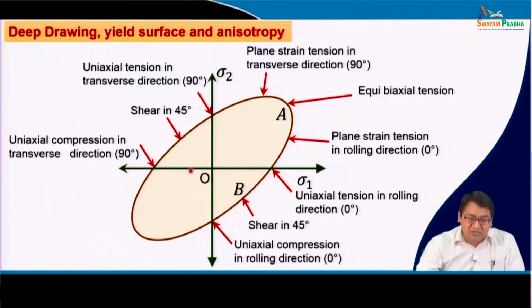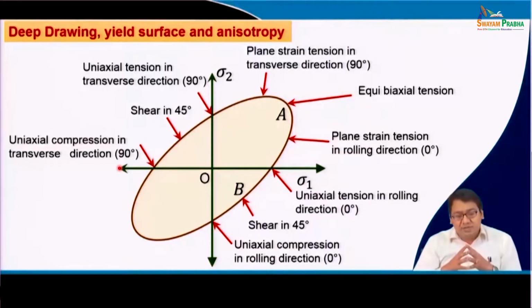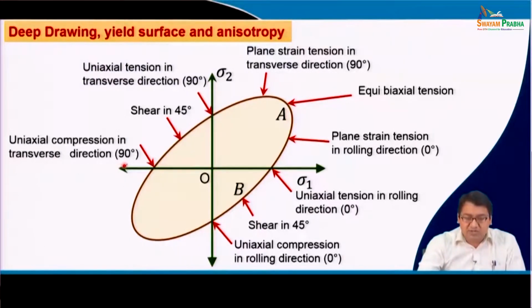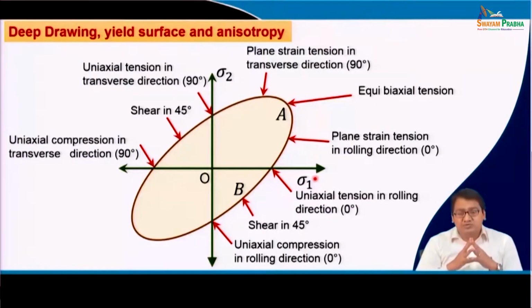Whereas this area is basically the compression area in both sigma 1 and sigma 2. If we look into the fourth quadrant, this is the tensile and compressive zone: tensile for sigma 1 and compression for sigma 2. And in this area, it is tensile for sigma 2 and compressive for sigma 1.